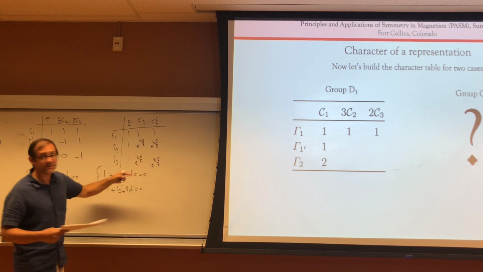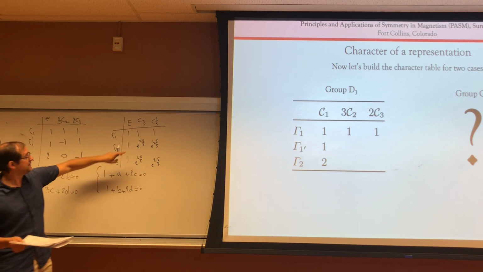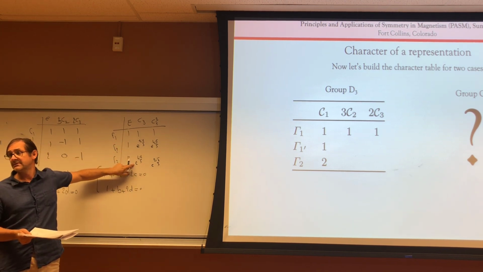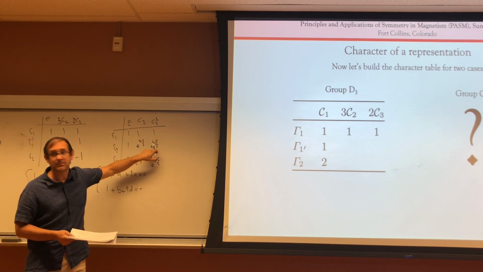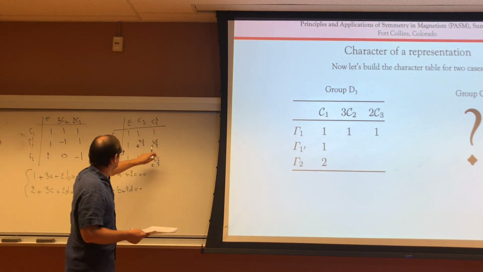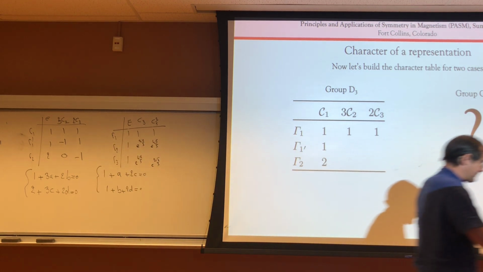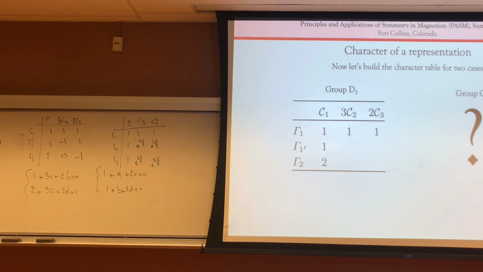You can see that because you know the property of those phases, that 1 plus this plus that equals 0. So especially in trigonal groups, hexagonal groups, you often find these kinds of characters.